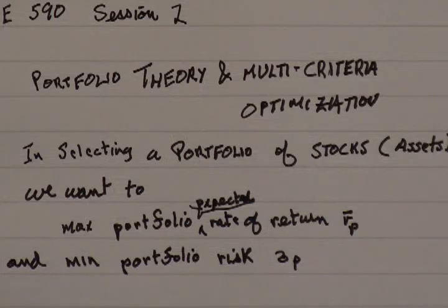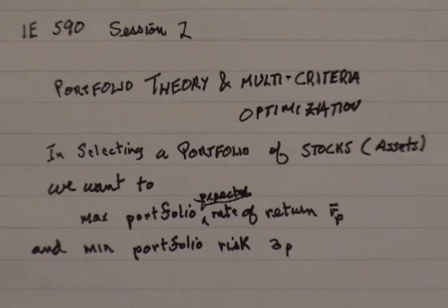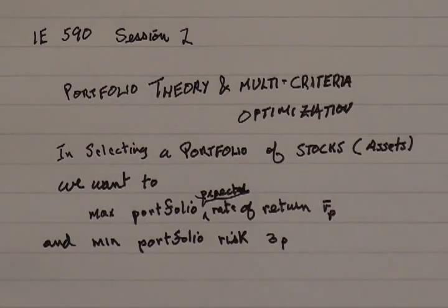But what we want to do is maximize the portfolio's expected rate of return, R bar P, and minimize the portfolio risk, sigma P. Sigma P is just the standard deviation of the portfolio rate of return.